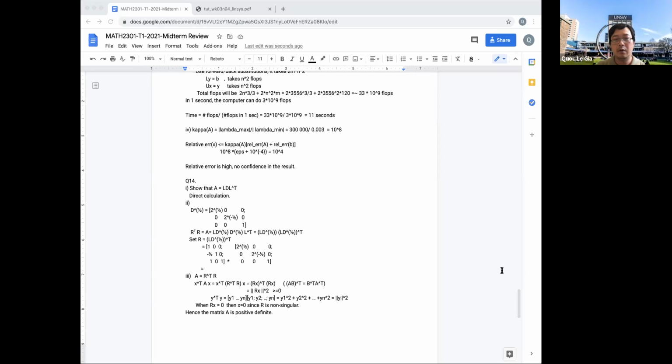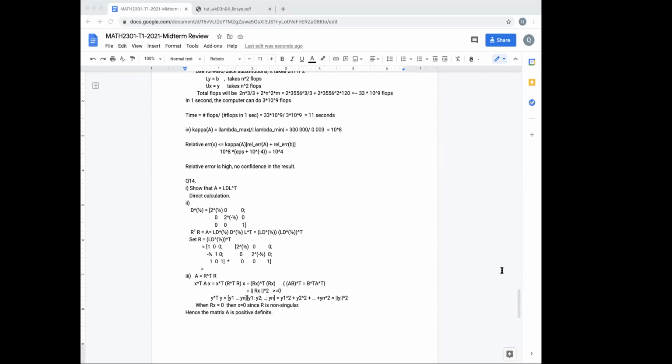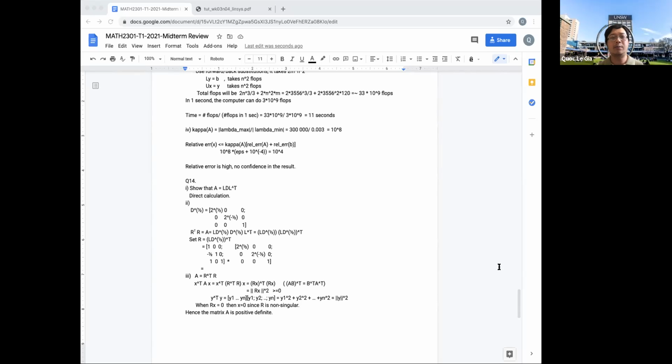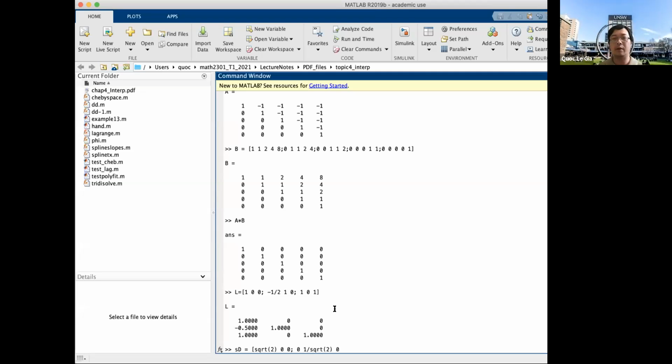Someone says they cannot see my screen. Well, I just put it in MATLAB, so maybe I can share the screen. Yes, this one is my MATLAB.